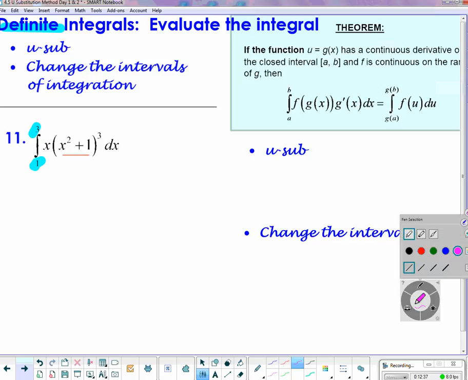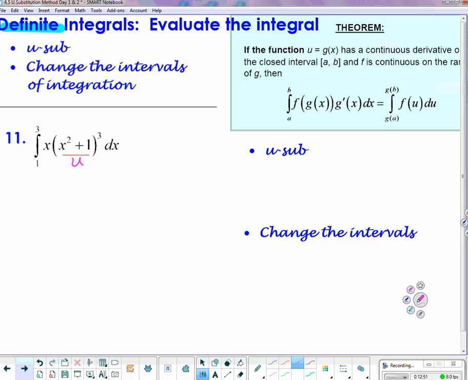So I want to bring this down just a little bit. There we go. So u sub. This appears to be my u. It's the inside function of the more complicated functions there. And if I take the derivative of something squared, of course I get something to the first power. So this looks like an ideal candidate to allow it to be our sub.